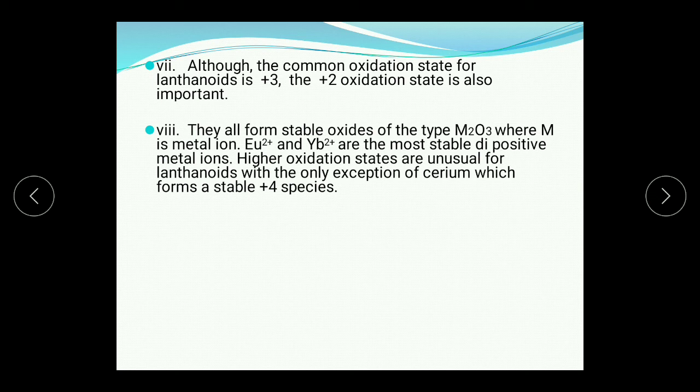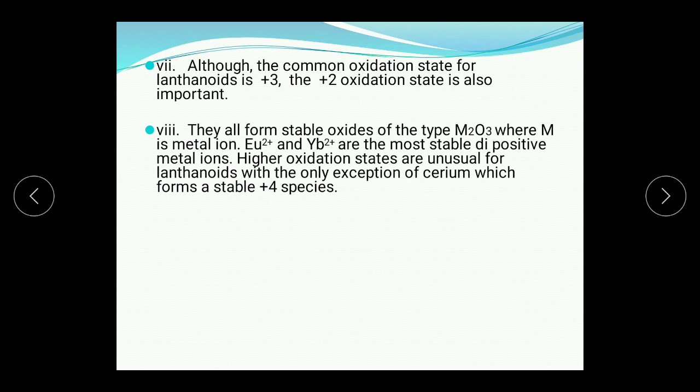Out of these, Eu plus 2, that means europium, and Yb plus 2, that is ytterbium, are the most stable dipositive metal ions. So, as I told you, plus 3 is the common oxidation state, but sometimes they show plus 2 also.